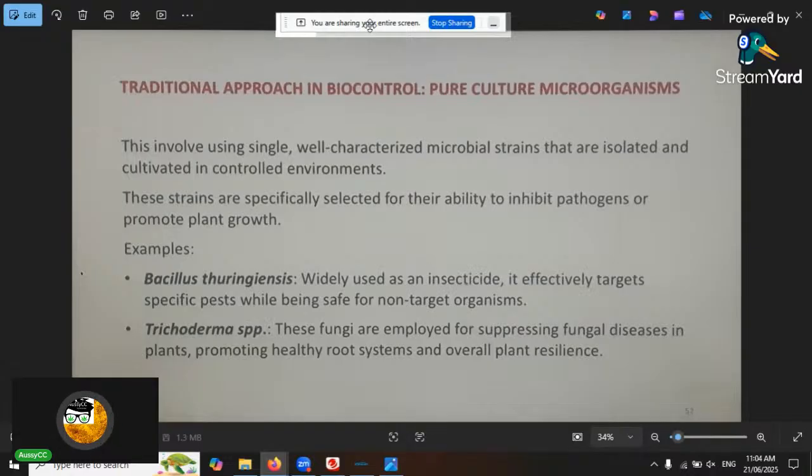These fungi are employed for suppressing fungal diseases in plants, promoting healthy root systems and overall plant resilience. And if you're getting certain members, BT produces auxin, IAA, and some Trichoderma varieties do, and Trichoderma harzianum does not. So select your microbes well.